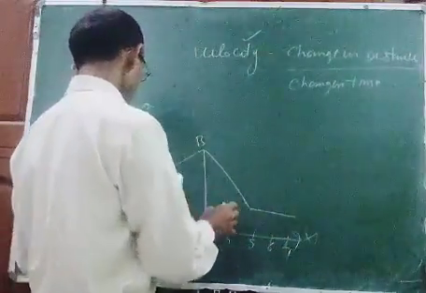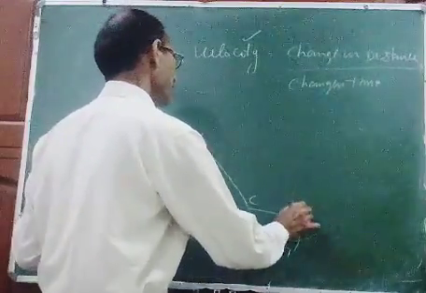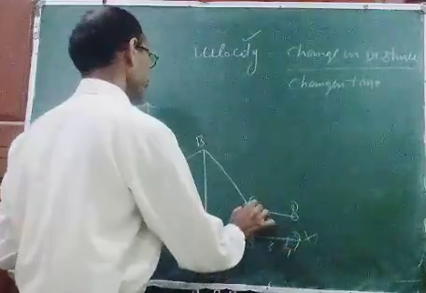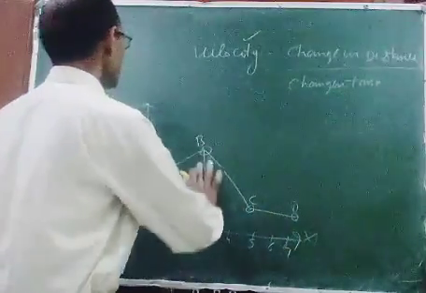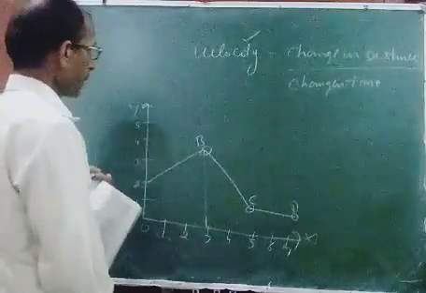So A, B, C, and this will be D, like this. So this is the graph.